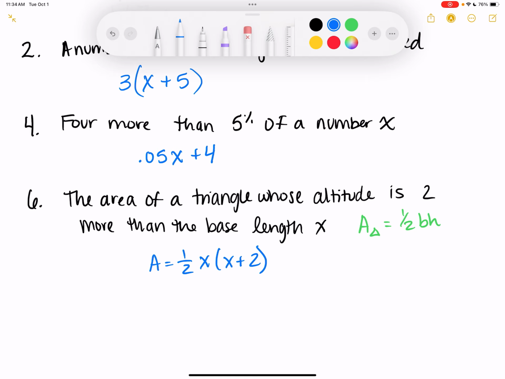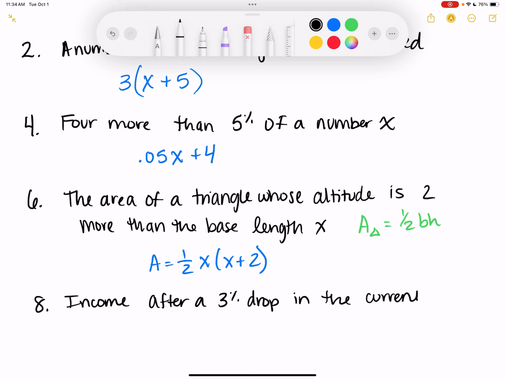Eight. Income after a 3% drop in the current income of x dollars.